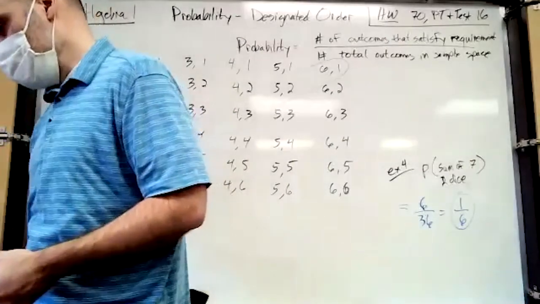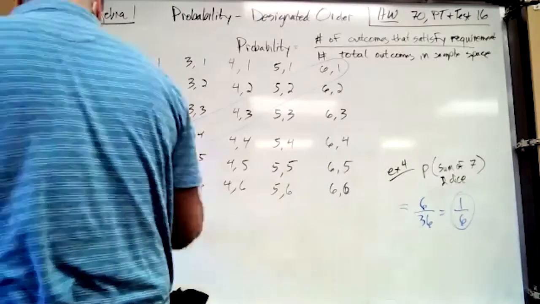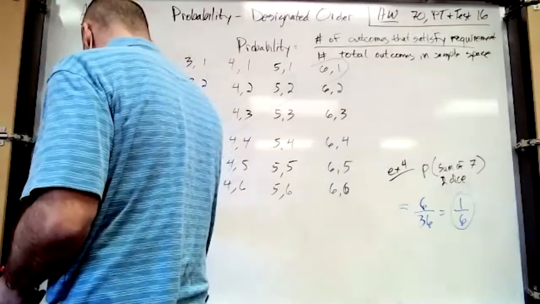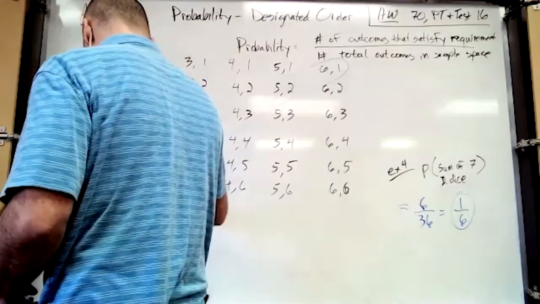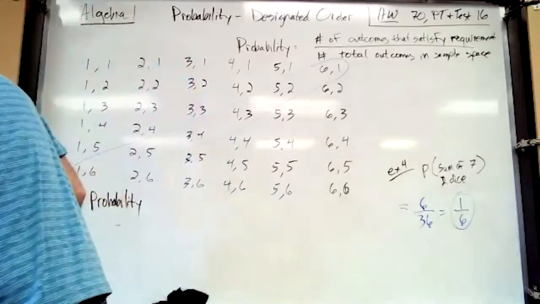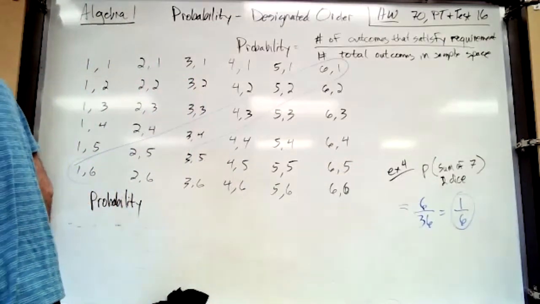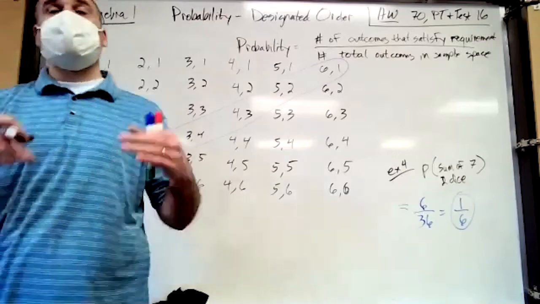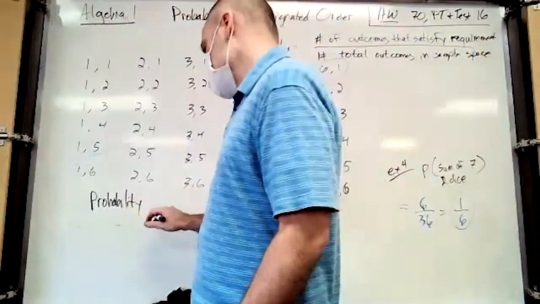Now back to our coin flipping. This is an important thing for you to write down. The probability of independent events happening in a designated order is the product of those individual probabilities.